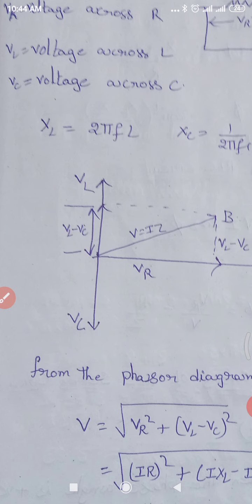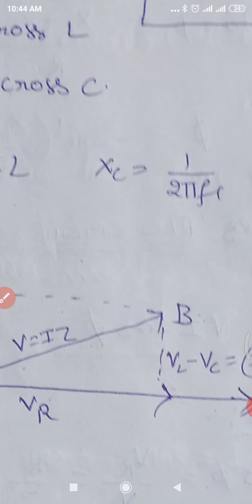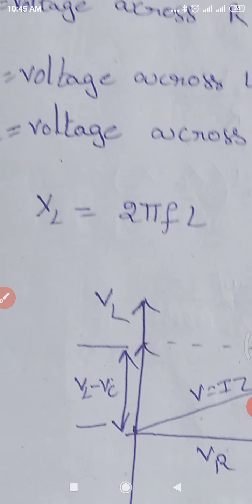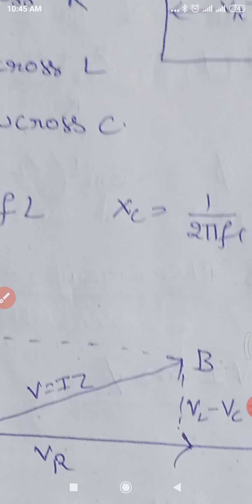XL is equal to 2 pi f L and XC is equal to 1 by 2 pi f C. XL is called inductive reactance and XC is called capacitive reactance.